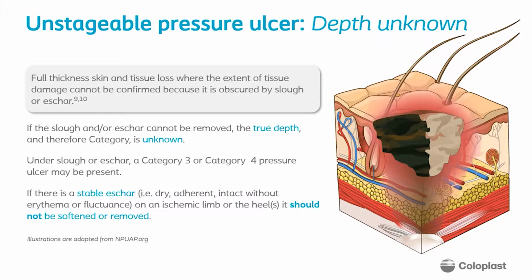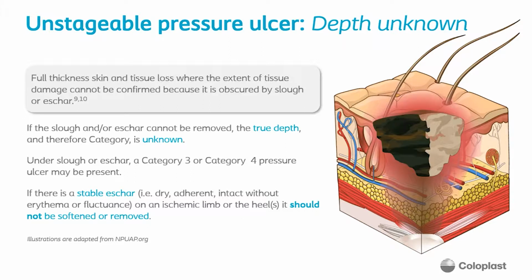We then come on to those where the depth is unknown, and it can be unknown because we have that thick plug of eschar or slough, and we just aren't able to see the depth of that wound until we would remove that eschar and slough. So if you have some damage there, but you're not sure of the depth because you can't see the wound bed itself, then that would be an unstageable pressure ulcer.